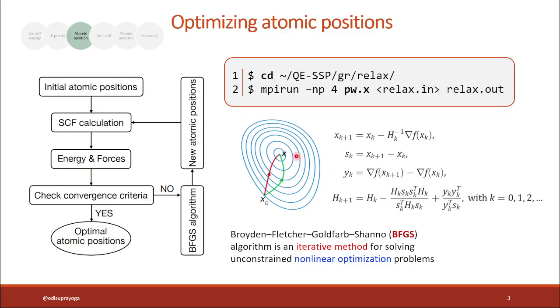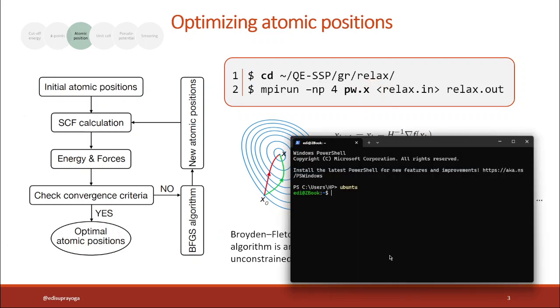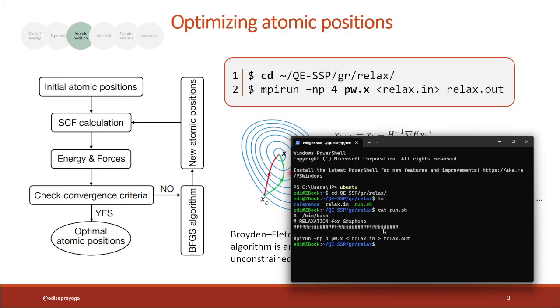To run this tutorial, you should open this folder and also open the terminal. First, we change the directory here: cd qe ssp gr and relax. Okay, in this folder, there are some input files, run.sh. This is a relaxation for graphene.